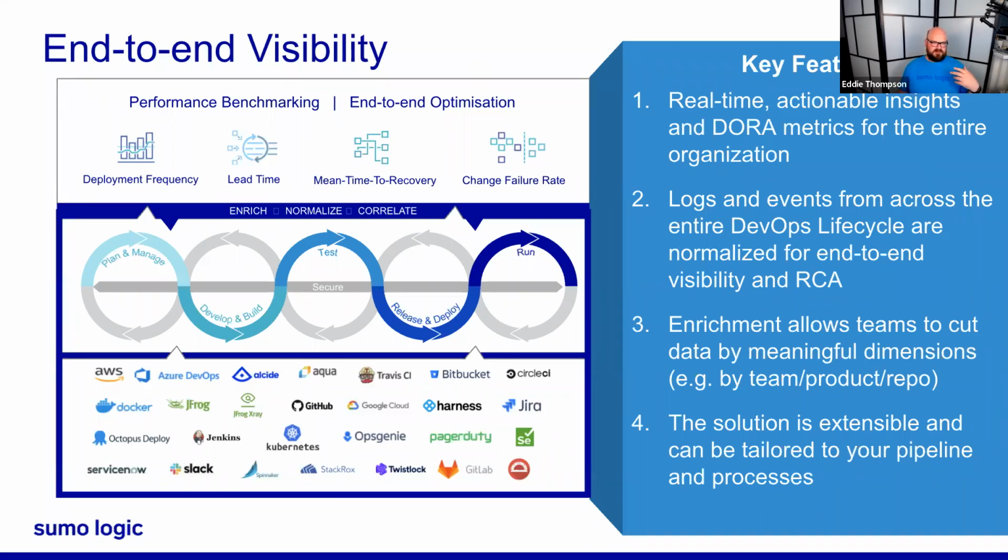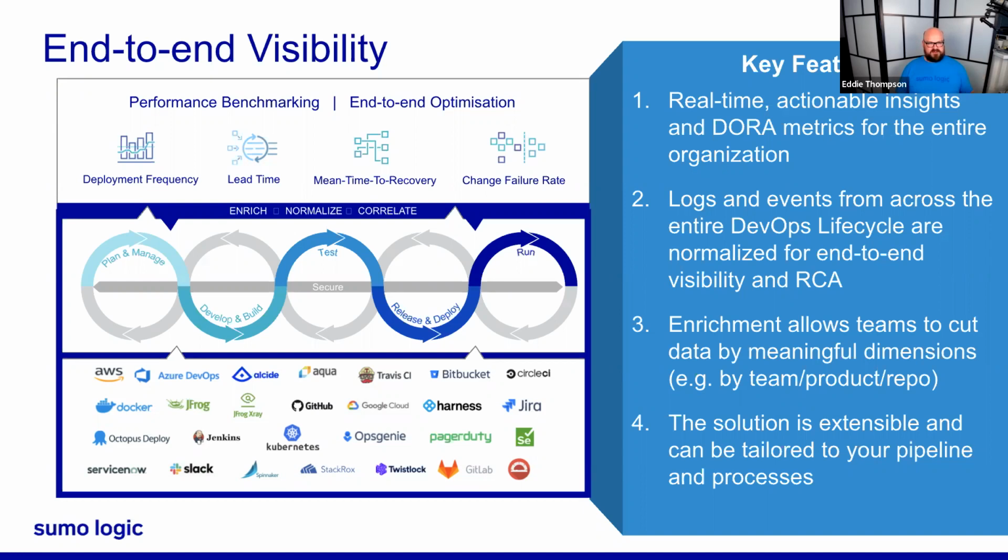Now, what we're providing here is real-time views of these. This isn't where you dump out a heap of reports at the end of the week or the end of the sprint or the end of the quarter and try and work backwards and calculate your metrics. These are live. These are available for you to view and act on within the platform.